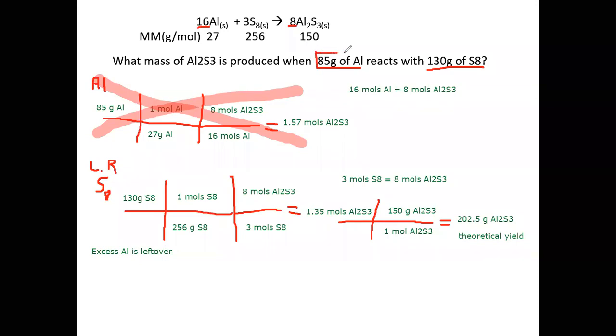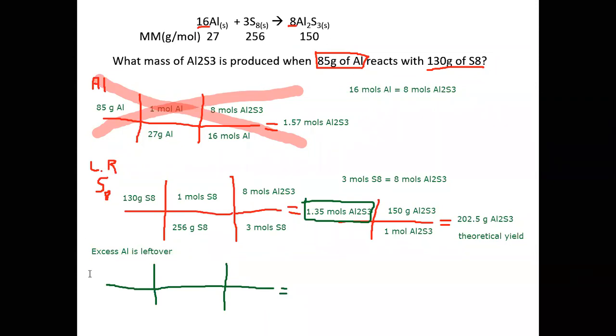We did use some aluminum, but we want to know how much is left over. To find that, we're going to take the moles of aluminum sulfide produced by the limiting reactant and convert it to moles of aluminum. So when I set up my train track, we're going to go from moles of aluminum sulfide to moles of aluminum and then to mass of aluminum. This will tell us how much aluminum was used.